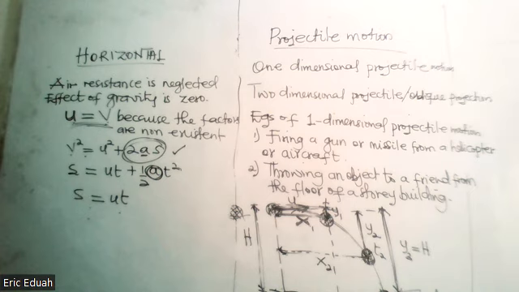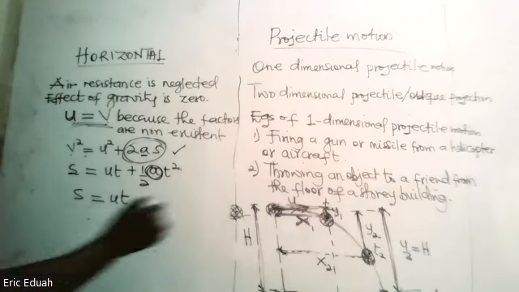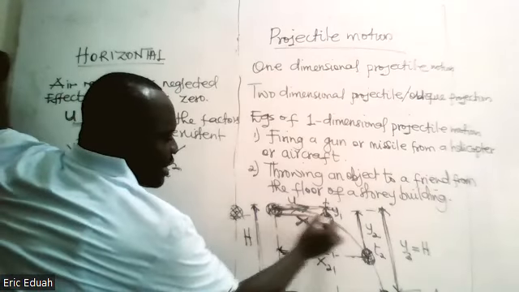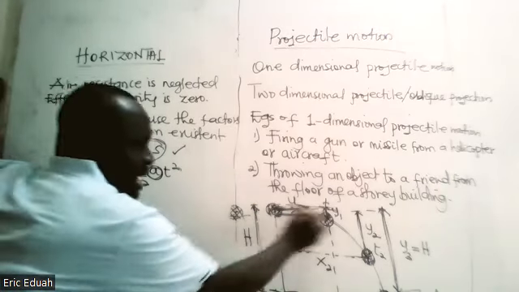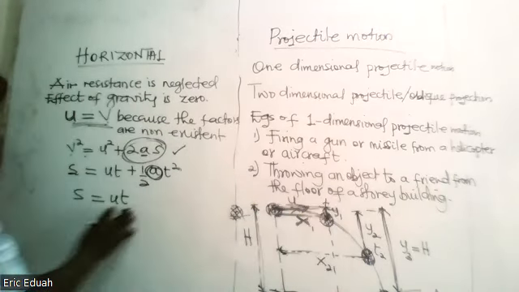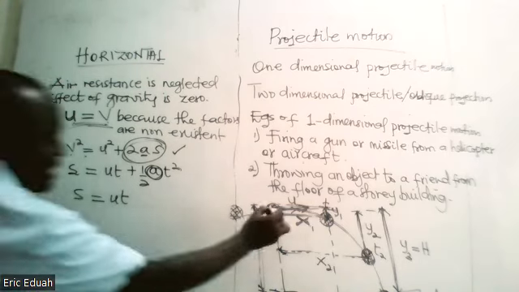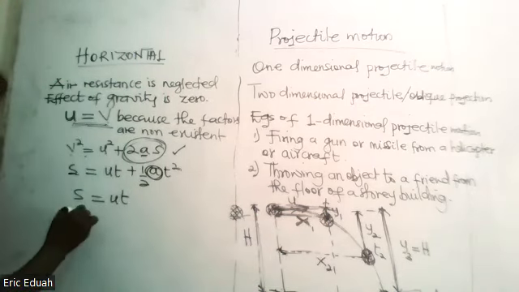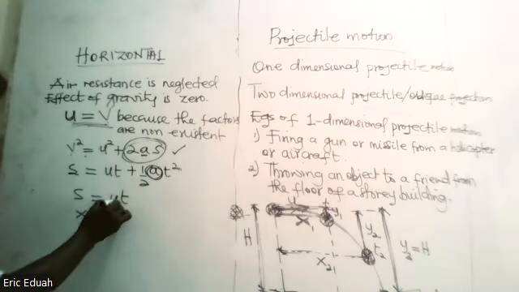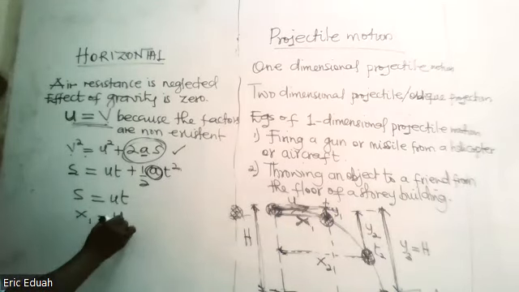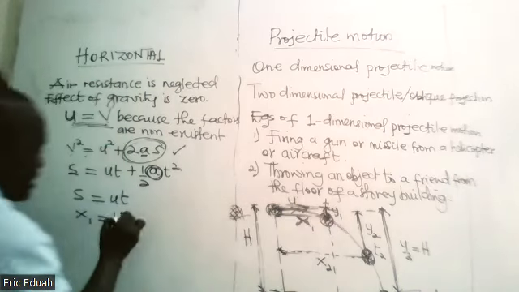What it means is that if I want the horizontal displacement at any given time, here the s is represented by x1. x1 would be equal to u, the velocity of projection, times the time taken to come here, t1.